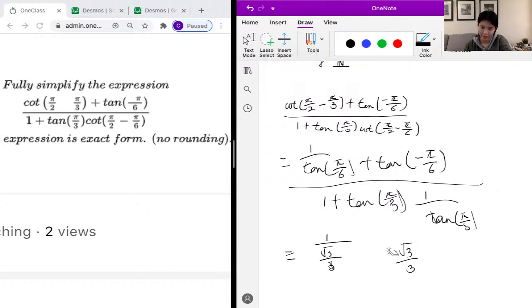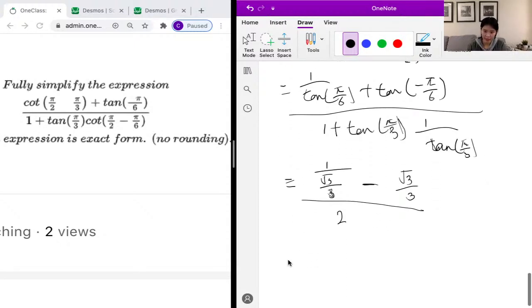And let's just drop the minus sign. Perfect. And here on the denominator, we just have 2 because tangent of pi over 3 times 1 over tangent of pi over 3 is just 1, and 1 plus 1 is 2. On the numerator, we have 3 over root 3 minus root 3 over 3, all over 2.